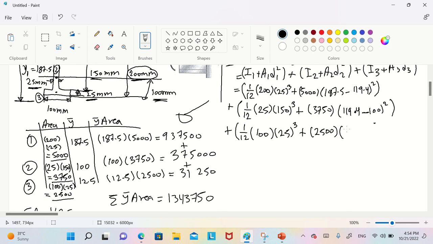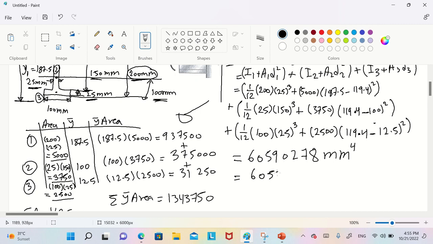Now you can say 119.4 minus 12.5 squared. So you will get 6059097.8 millimeter power 4. So to change it to meter, it will be 6059097.8 times 10 minus 3 all to power 4, because millimeter power 4.